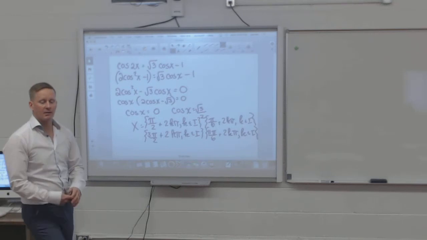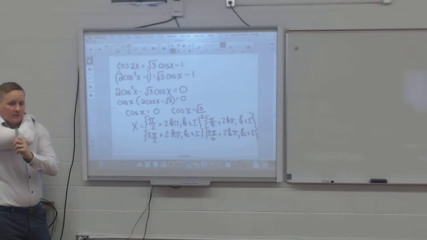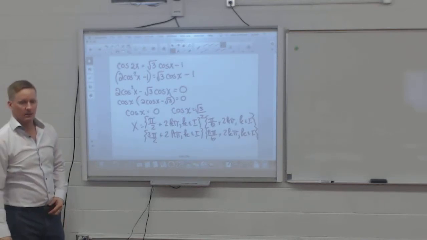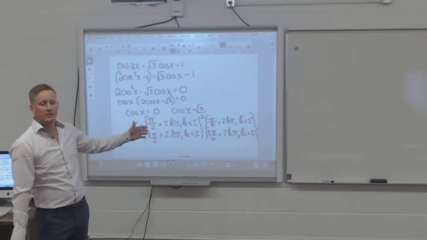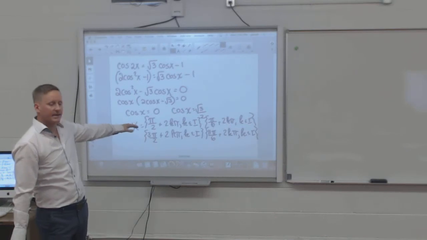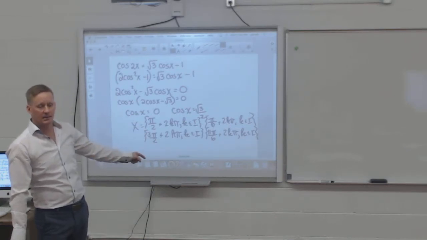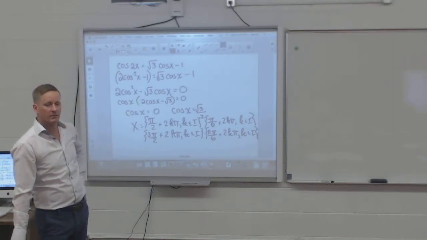Put down all of the possibilities between 0 and 2 pi, and then add 2k pi to each one. You can't get it wrong then. I'm trying to save you work so that you don't have to remember all of this stuff. But yes, I could just add k pi to pi over 2, and that would take me to the next one, and then add another k pi. It would just keep taking you to the following one, every 180 degrees.